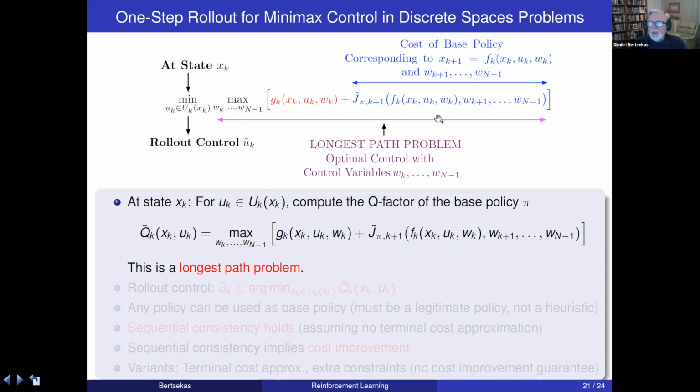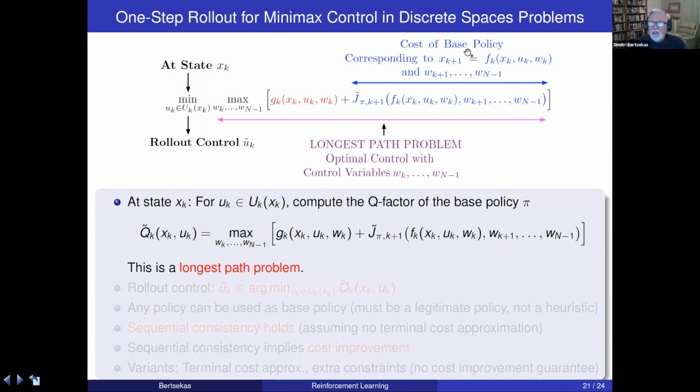Now, this Q factor is not what you have seen before. It involves maximization instead of expected value, but it involves the same first stage cost, and then a cost approximation that involves using u_k to go to the next state, using the base policy.